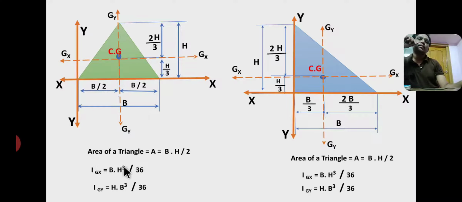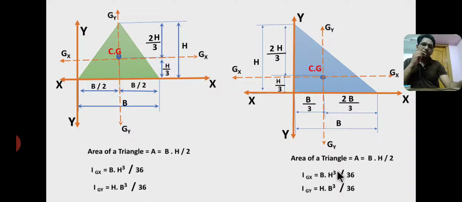where the area of a triangle A equals half into base into height. Now IGX, the moment of inertia about the GX axis, equals b h cube by 36. Similarly, the moment of inertia about the GY axis equals h b cube by 36.